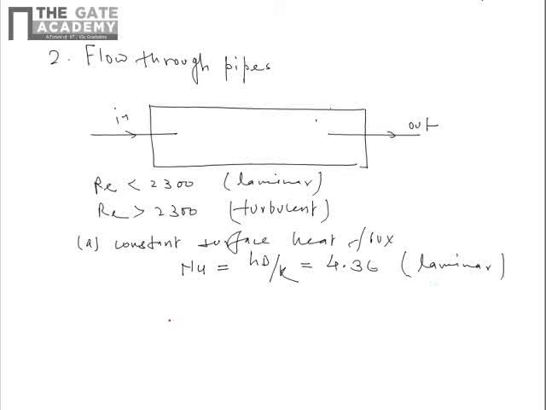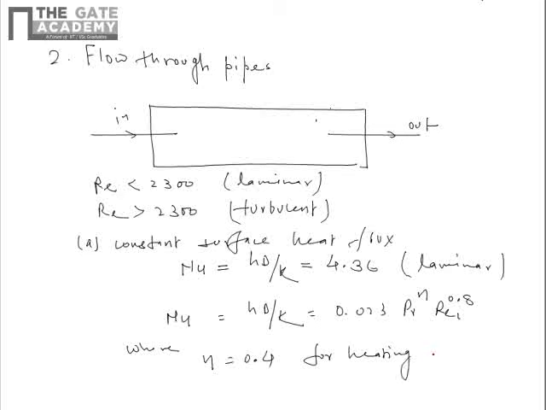We get the Nusselt number Nu is equal to hd upon k is equal to 0.023 Prandtl to the power n Reynolds number to the power 0.8, where n is equal to 0.4 for heating of fluid and n is equal to 0.3 for cooling of fluid.